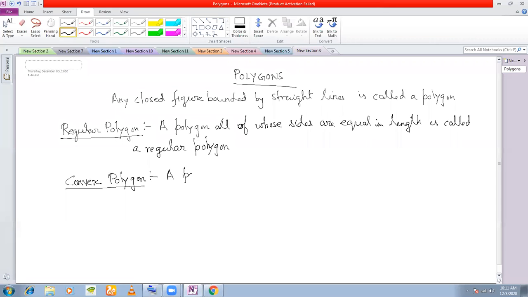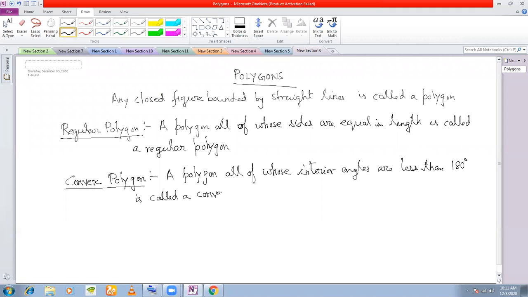A polygon, all of whose interior angles are less than 180 degrees is called a convex polygon.